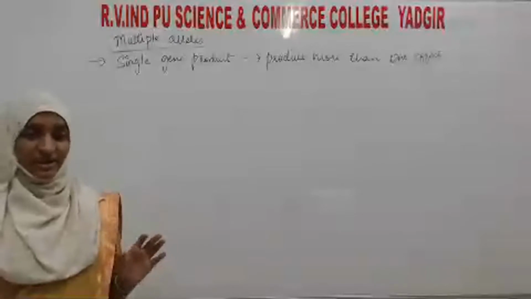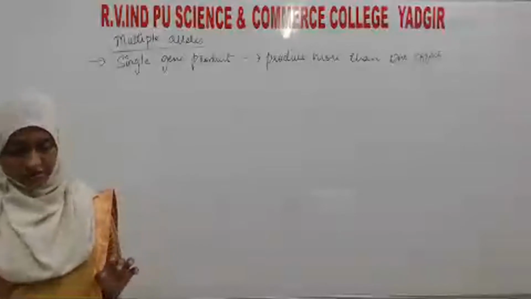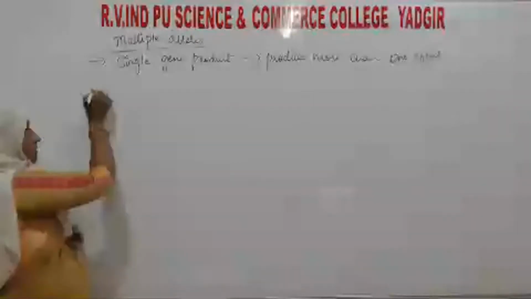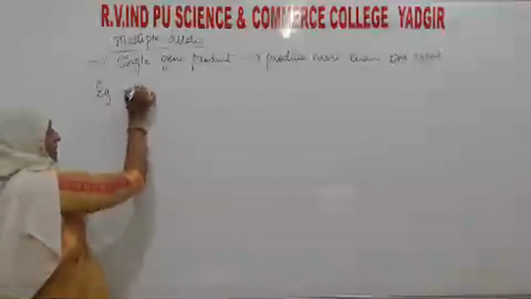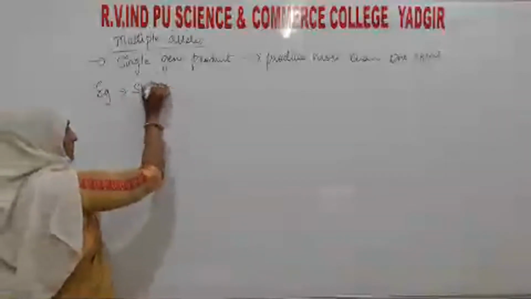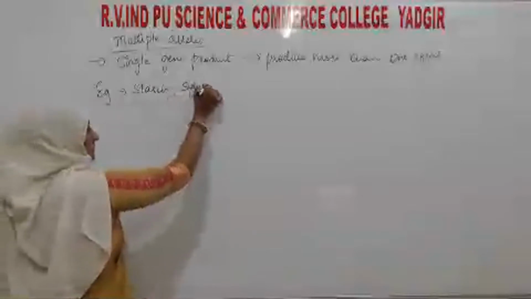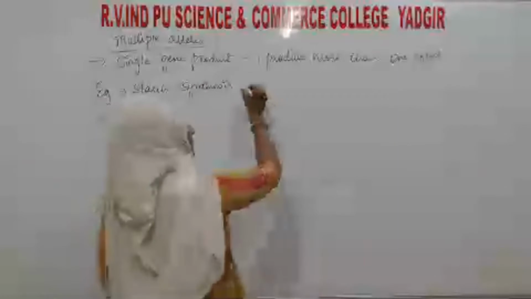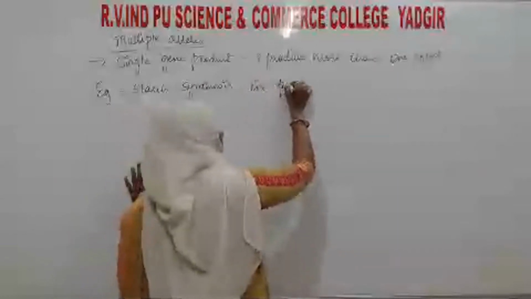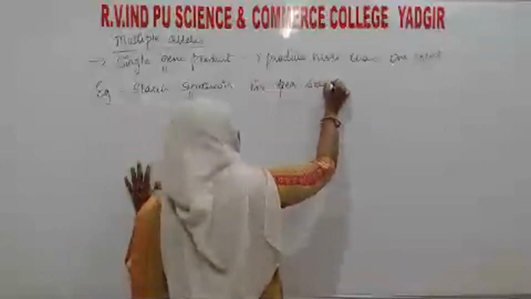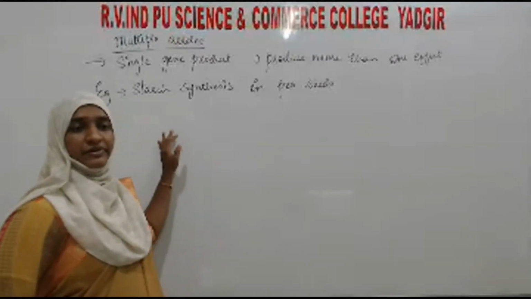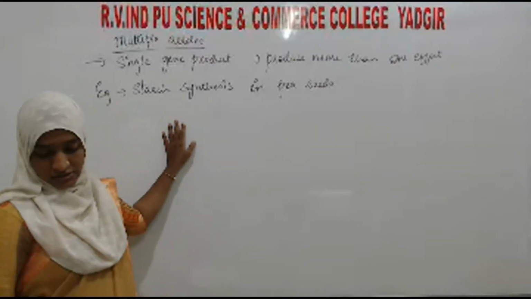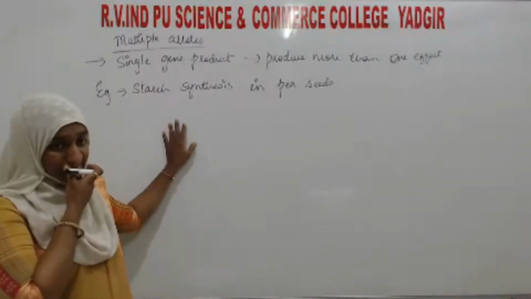What is that carbohydrate? That is the starch. So the example we have taken here is starch synthesis in pea seeds.